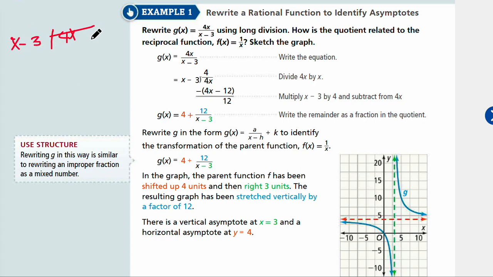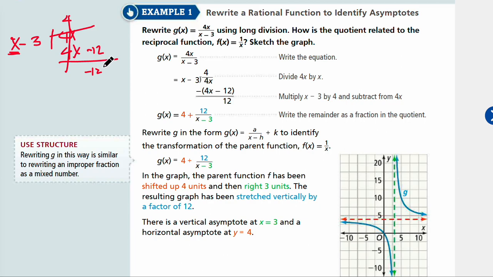How do we divide a monomial by a binomial? First, look at your first term and match it with the term here. So x times what is 4x? 4. Yeah, 4 times x is 4x, and then we multiply the whole binomial. So 4 times negative 3 is negative 12, so we have a constant term to come. That gives 0, and then we have a remainder of negative 12.